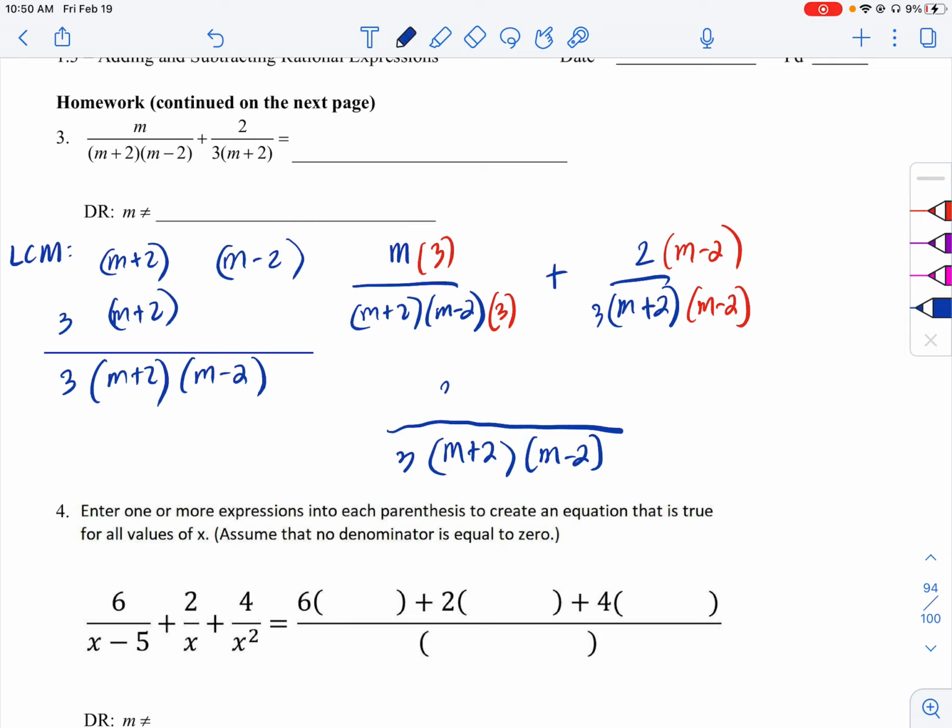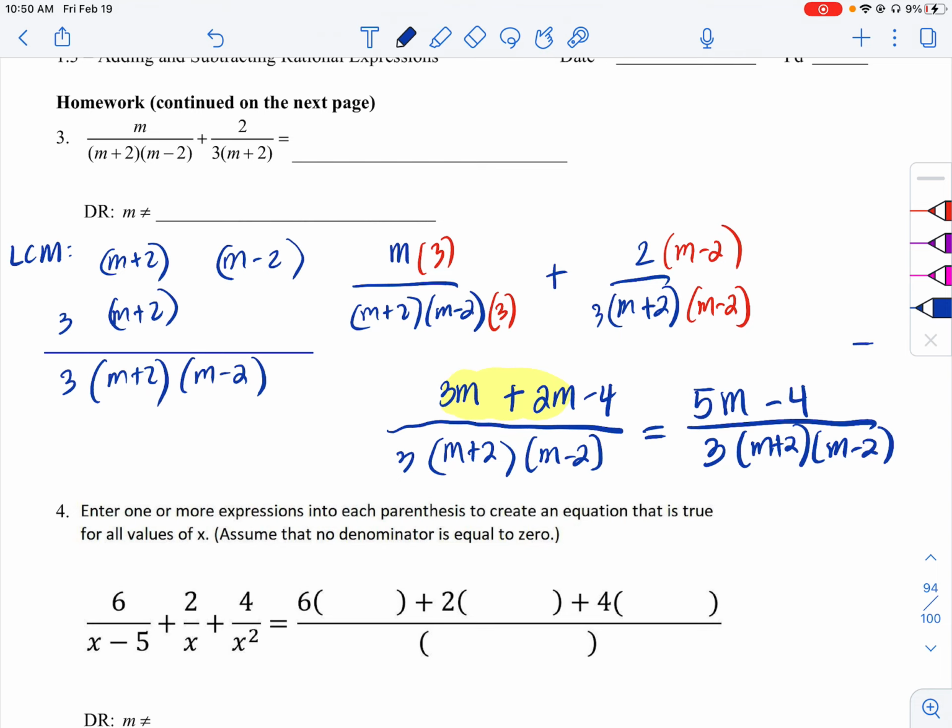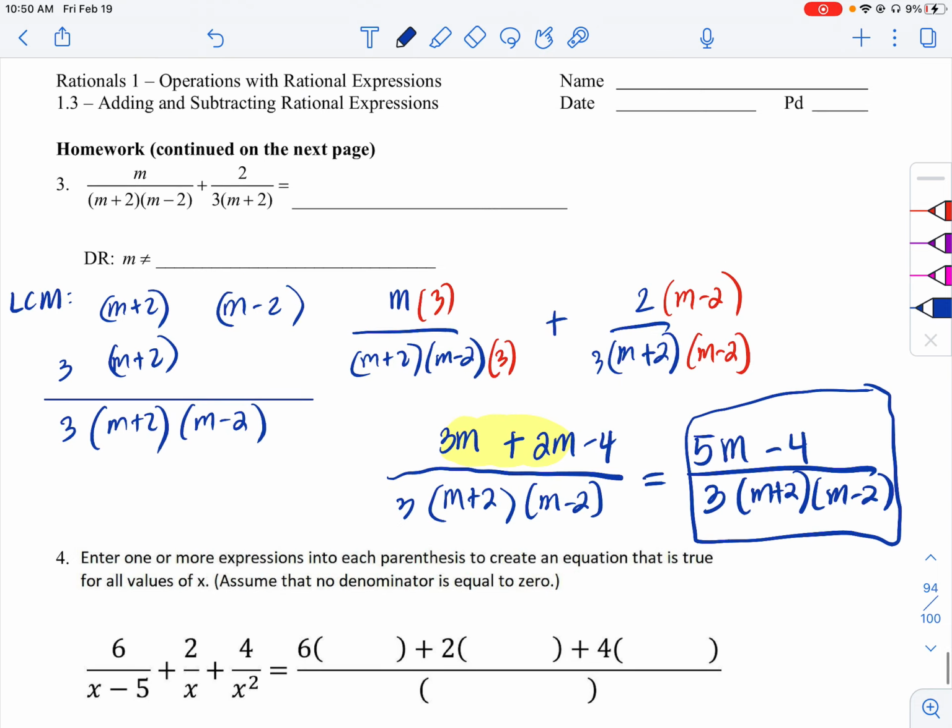So our final answer there is over 3, m plus 2, m minus 2. I think I can combine these two numbers. So I can do 5m minus 4. And that is our final answer. Okay? We have 5m minus 4 on the top, and then we have, of course, our least common multiple.